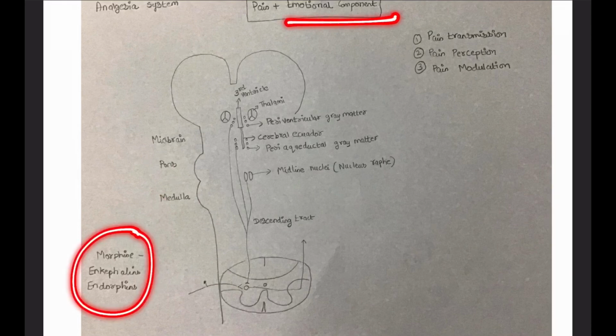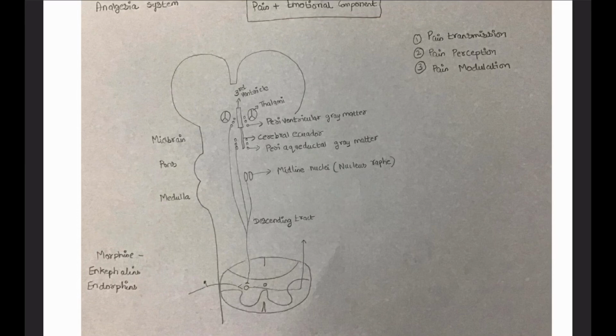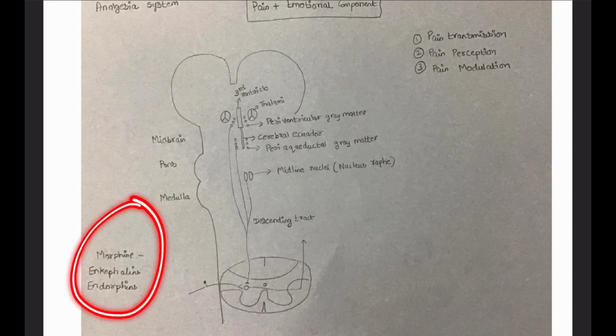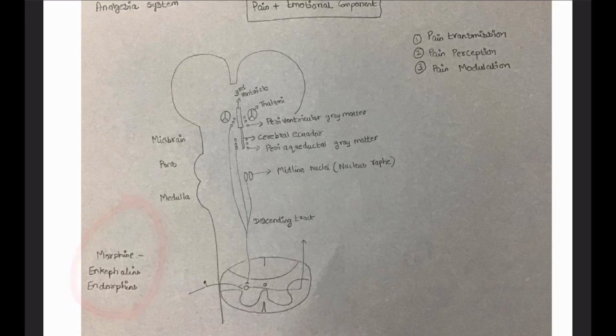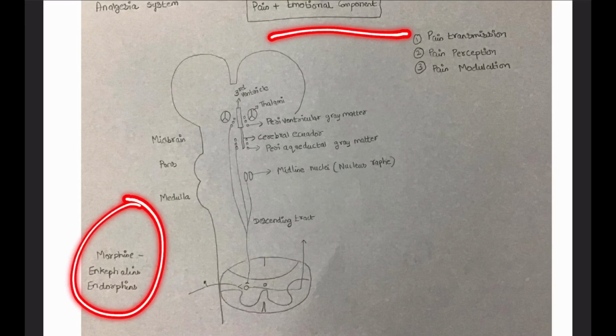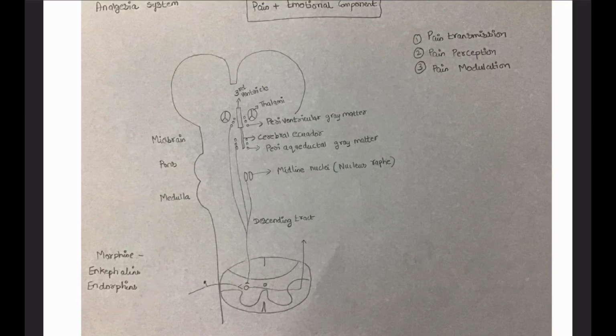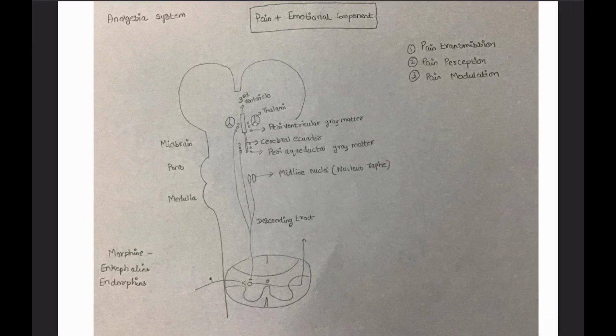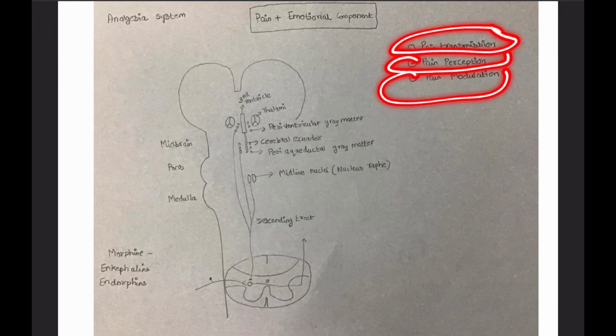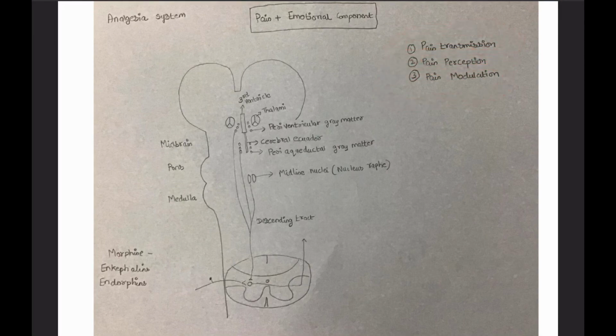So when you do some mistake and you get beatings for your mistake, studies show that these chemical substances are not produced. This also depends on your emotional cortex. This is how the pain is modified according to your emotions. The pain is transmitted, then it is received, and then it is modulated. This is the process of the pain pathway.